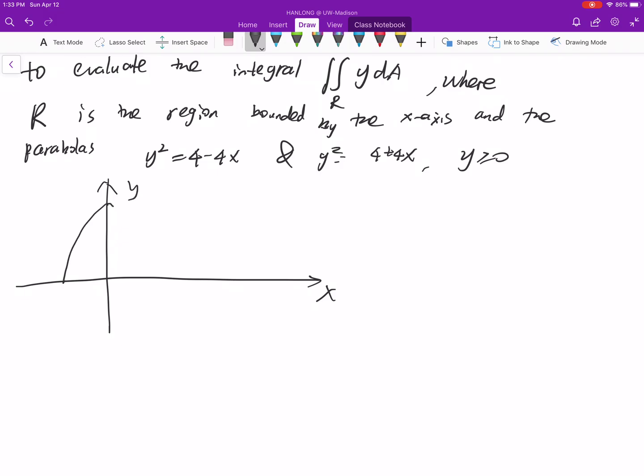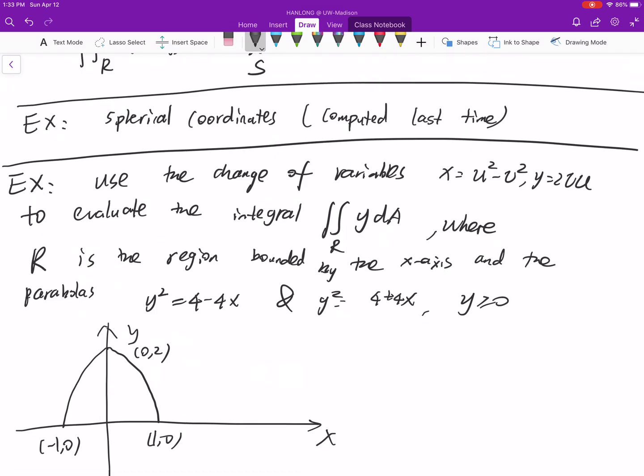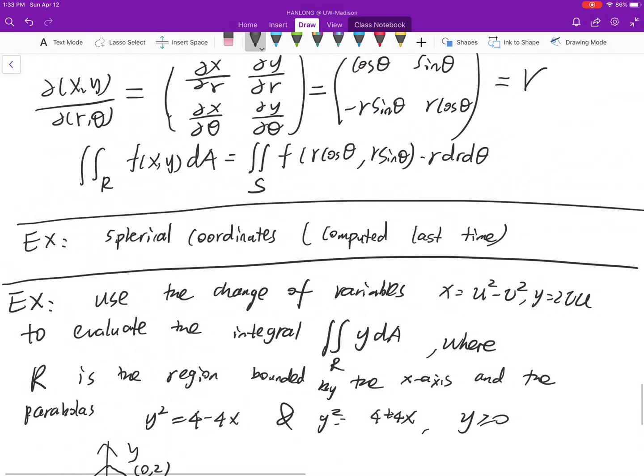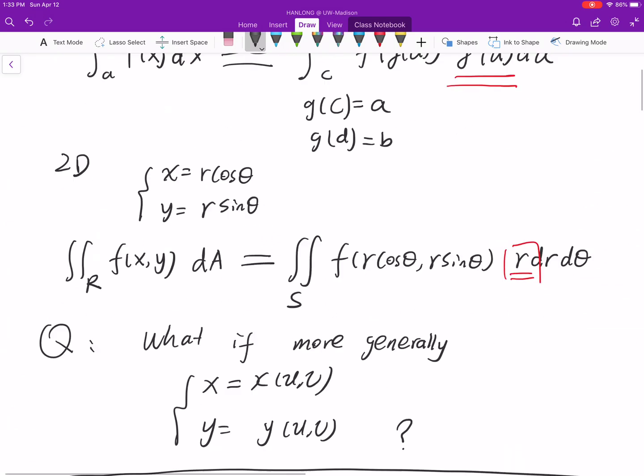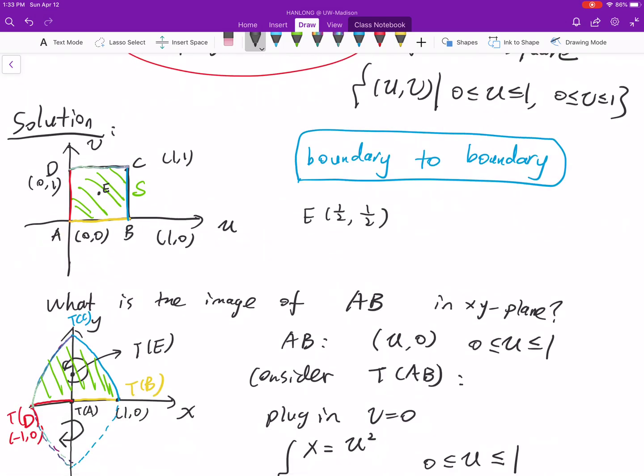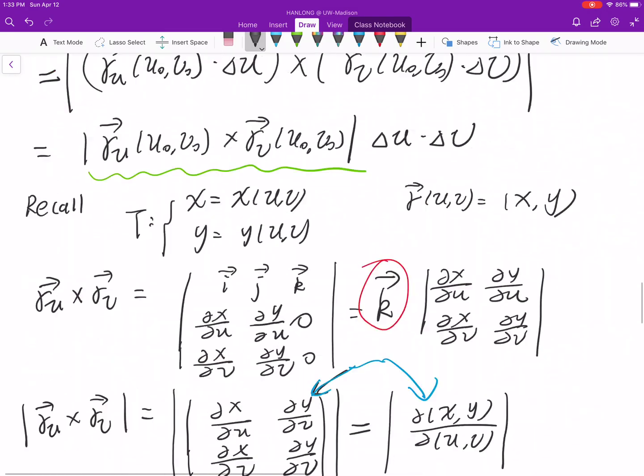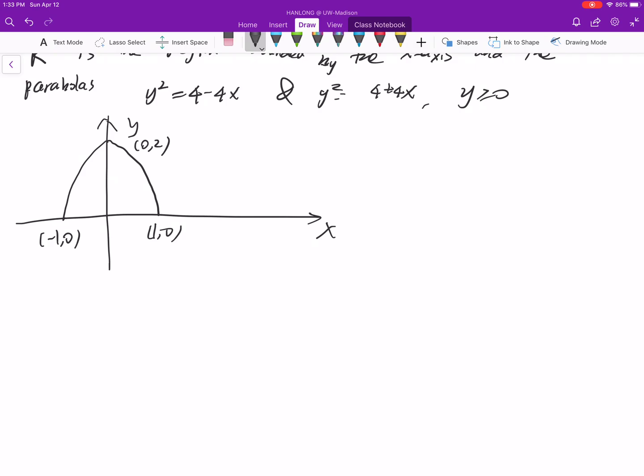This is what we had for the first example. It's here, and therefore we can determine its pre-image.